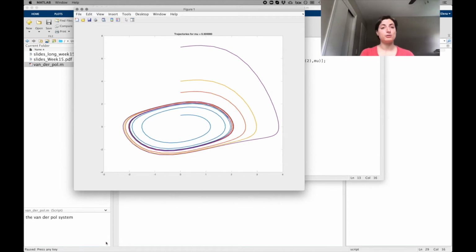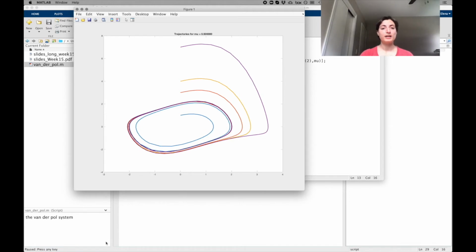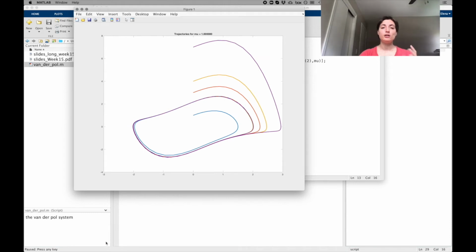So here I'm increasing mu, and now I see that things go towards the periodic orbit much faster. The purple does pretty much just one round before being at the periodic orbit. The blue inside spirals outwards pretty fast. And it gets faster and faster the bigger mu is. Not only does it get faster and faster, now look, we don't even see the distances between the various orbits that we're plotting.